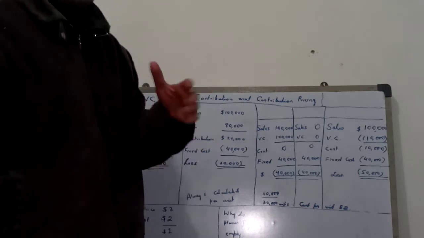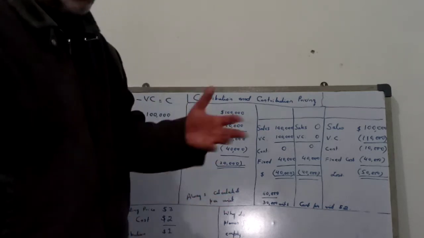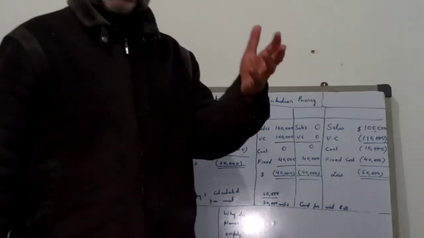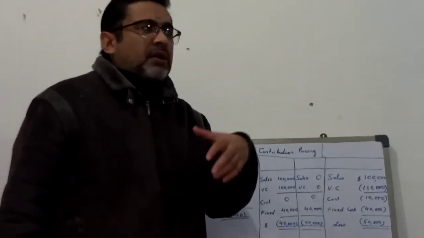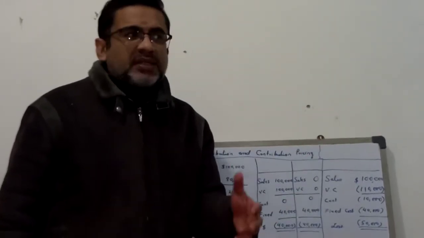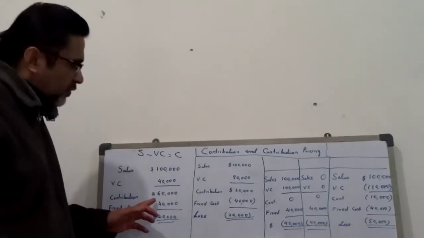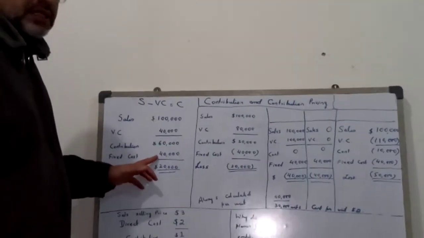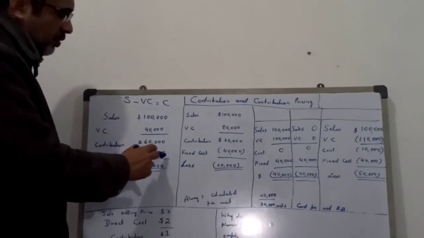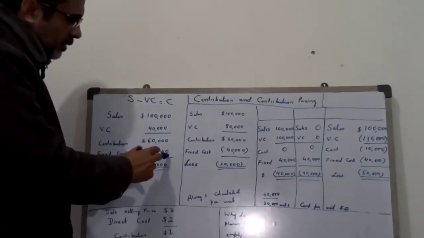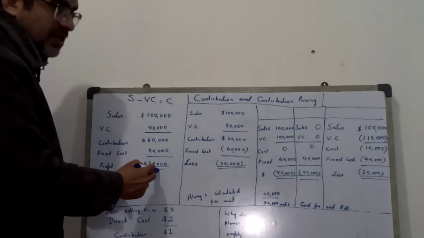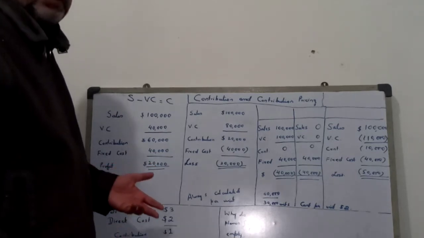They will change with time, they will change with inflation, they will change with agreements between buyers and sellers. They will change, but they will not change with the level of output. So this is the fixed element. 60,000 is the contribution, 40,000 is the fixed cost. You pay the fixed cost, and whatever is left, 20,000, is your net profit.